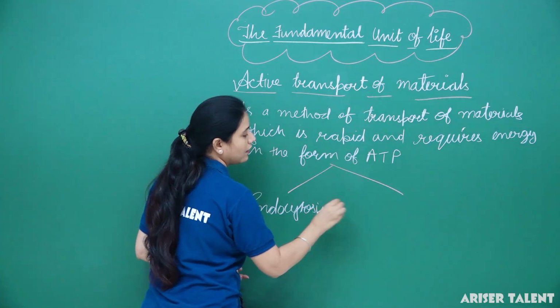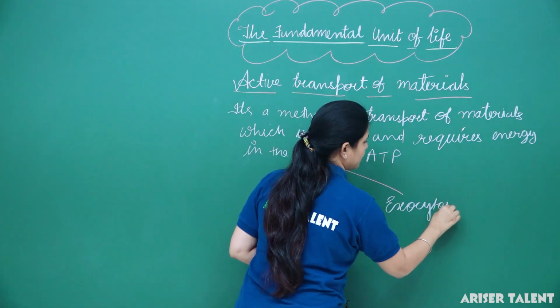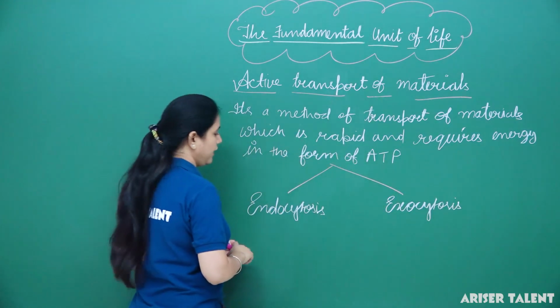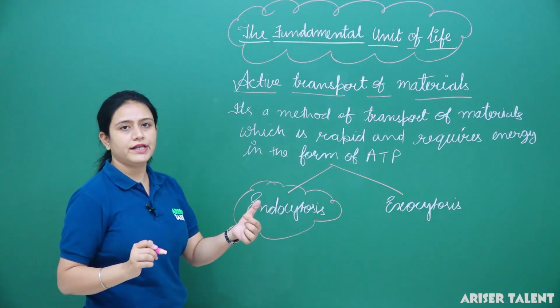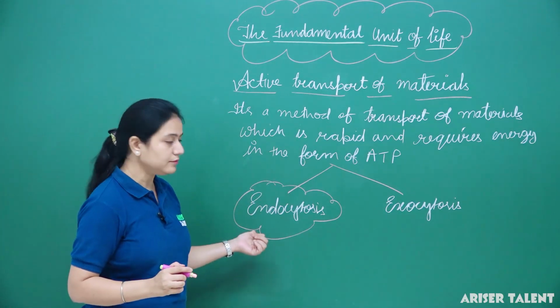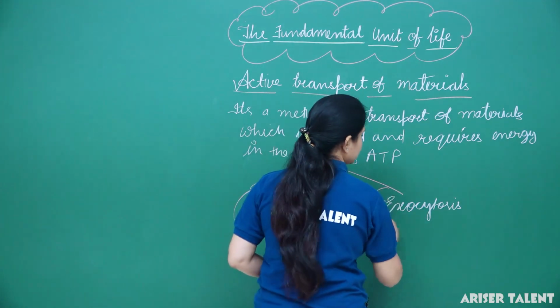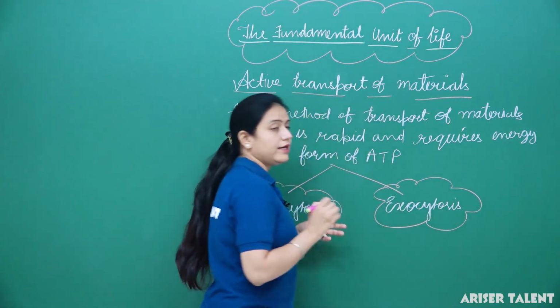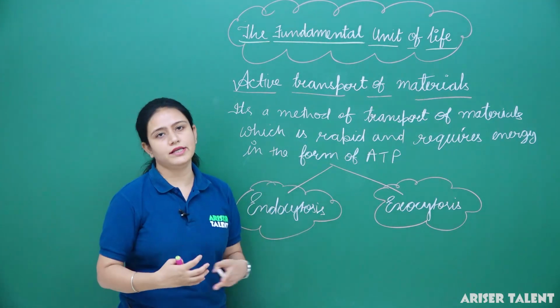Endocytosis and exocytosis. Endo, as the name itself describes, endocytosis is when the food material is engulfed by the animal or organism. Okay, exocytosis means when the undigested food material is extruded outside the cell.